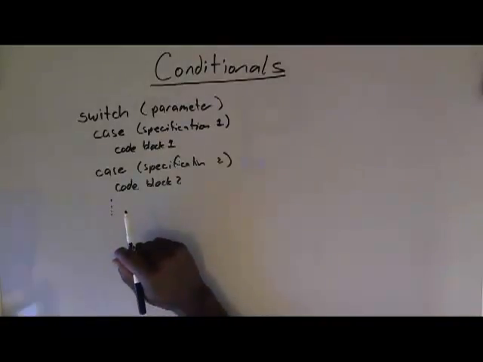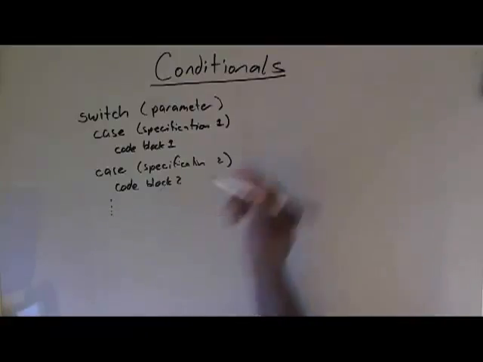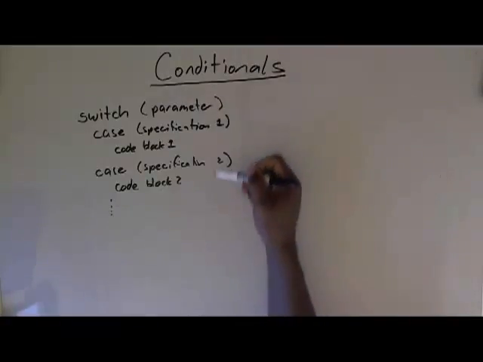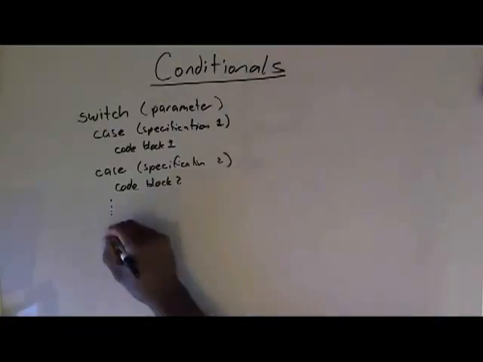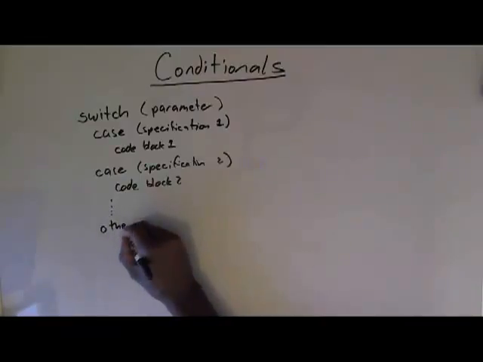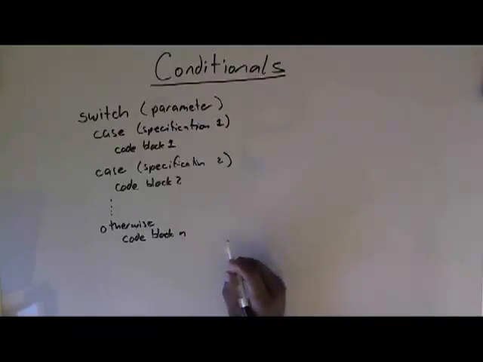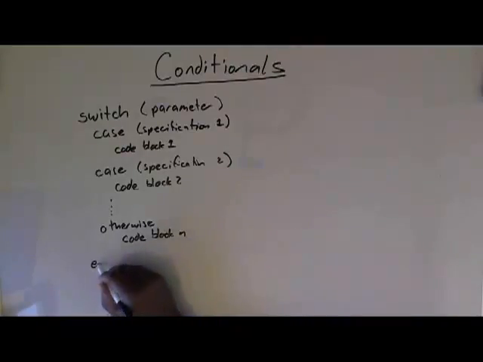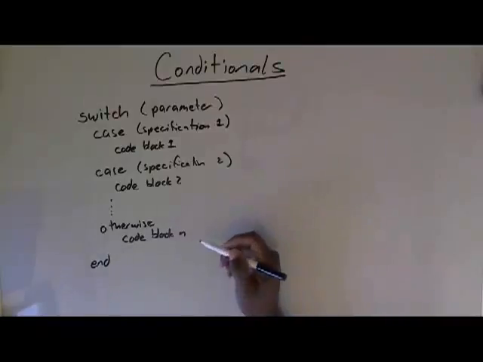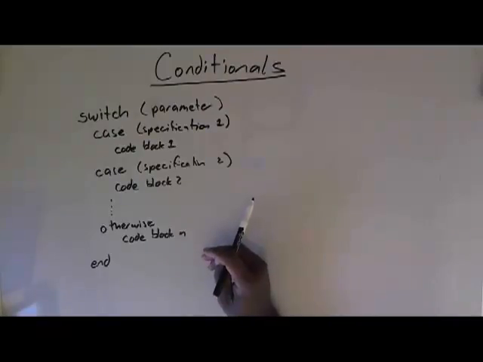And then you have a default specification, that if this parameter doesn't equal any of these specifications, then you can say otherwise, do this code block here, so code block n, and then you end it. So that's the general template for a switch statement.